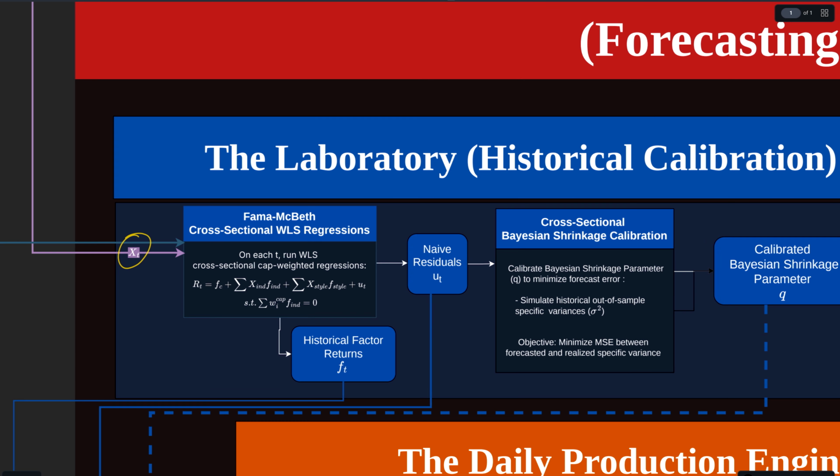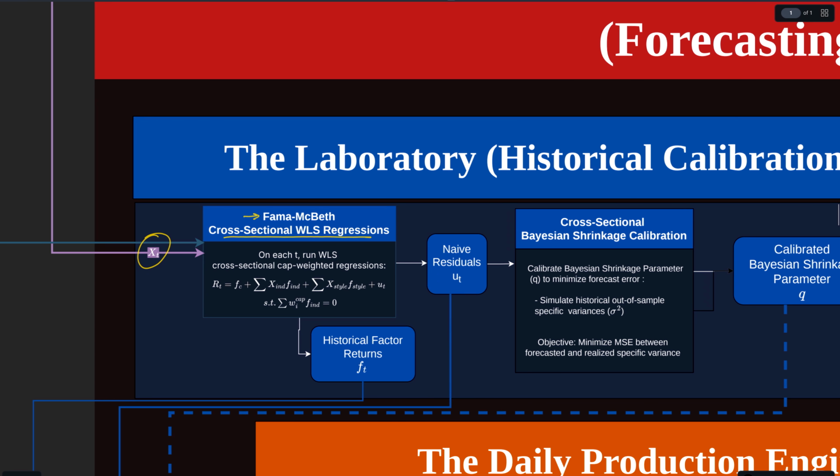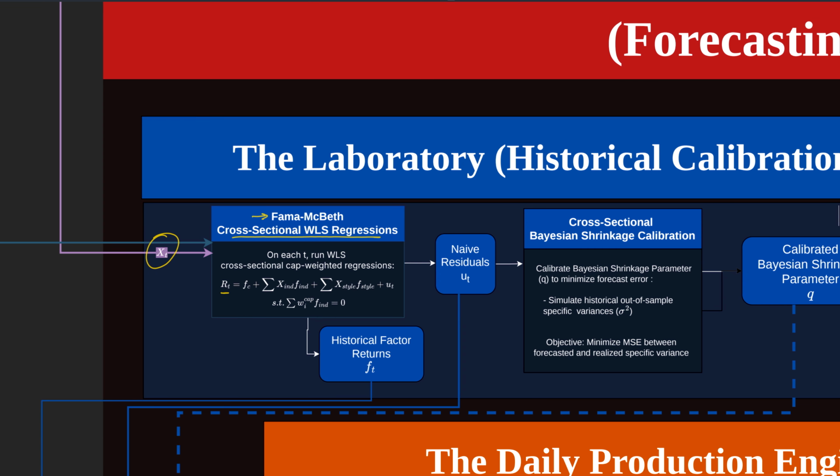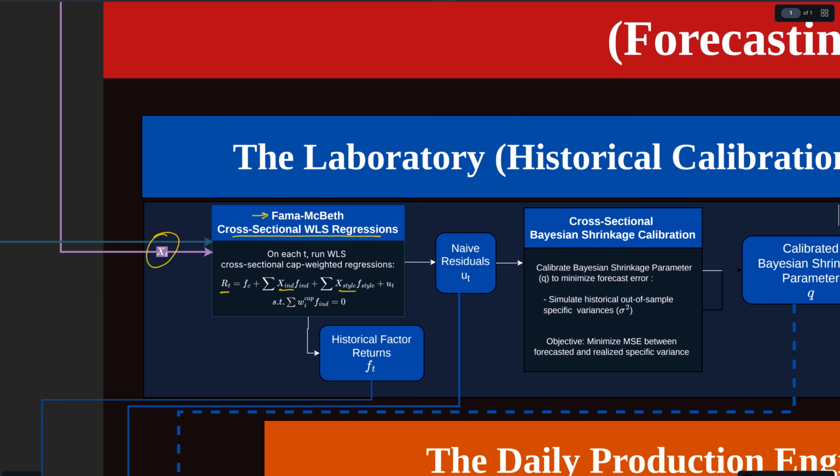The very first step in our risk engine is running a sequence of historical cross-sectional weighted least squares regressions of stock returns on those factor exposures. These regressions will give us 2 core outputs: a time series of baseline factor returns, and for each stock, a time series of baseline specific residuals, U_t.